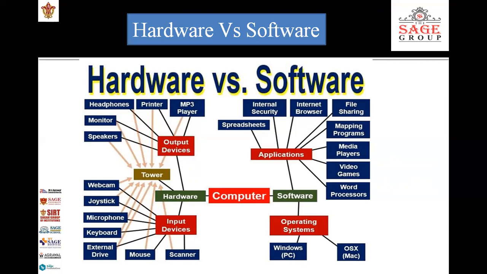So it is a kind of hardware. So those are the examples of hardware and software. So many examples. Also scanners, mouse, external drives, keyboards, microphones, joysticks are examples of hardware.